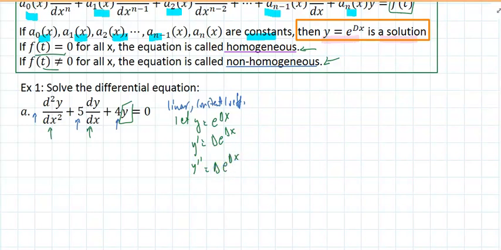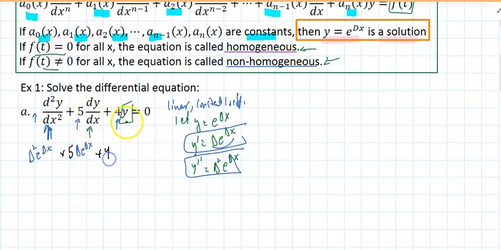y double prime would be d squared e to the dx, since we take another derivative. If I fill in the blanks, plus 5 times y prime, which is d e to the dx, plus 4 times y, which is simply the original.